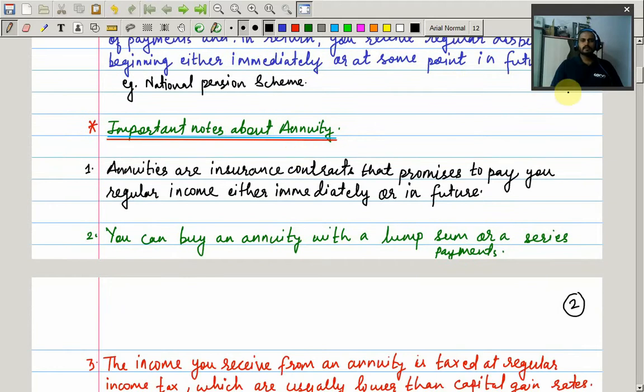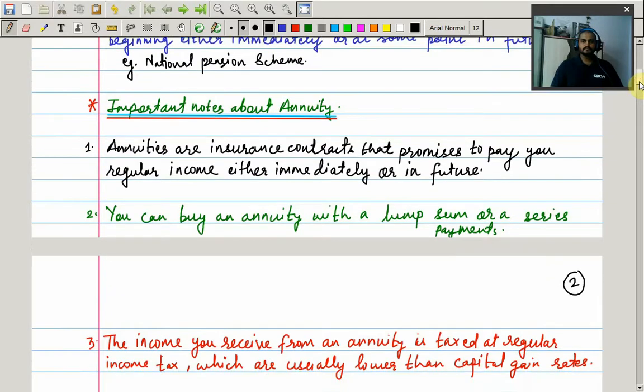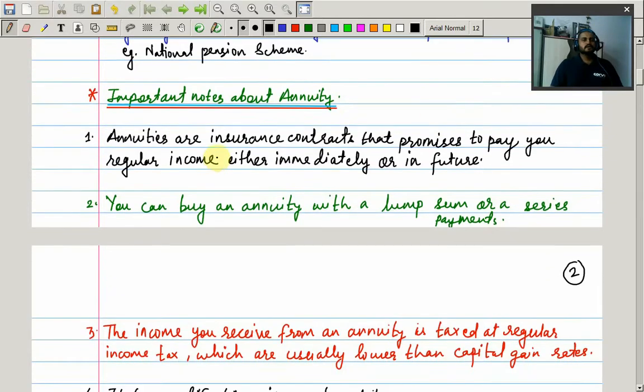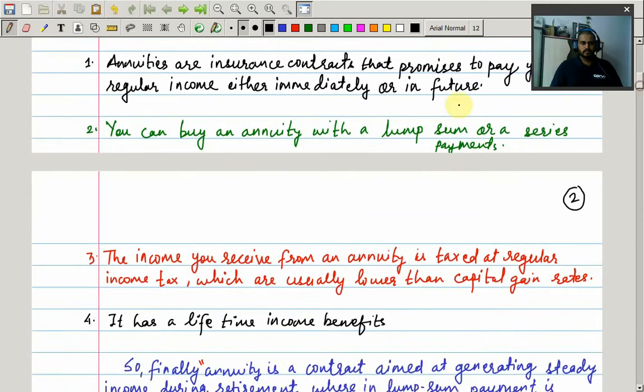Important notes about annuity. Annuities are insurance contracts that promise to pay you a regular income either immediately or in future. So that's the definition we have seen already. Second important point, you can buy an annuity with a lump sum or a series of payments.